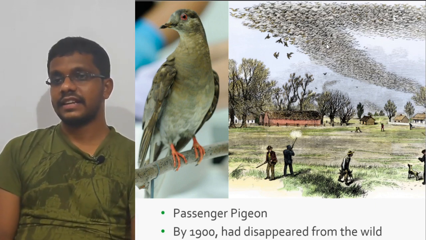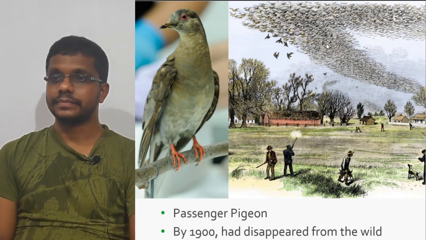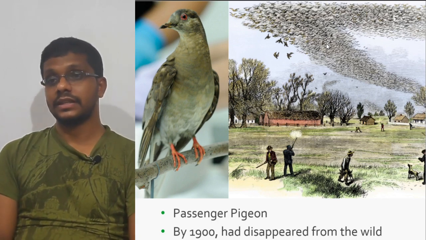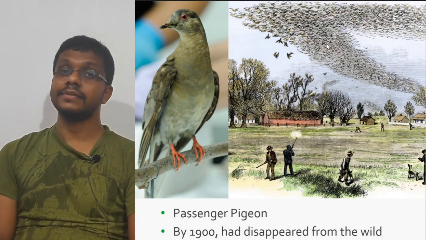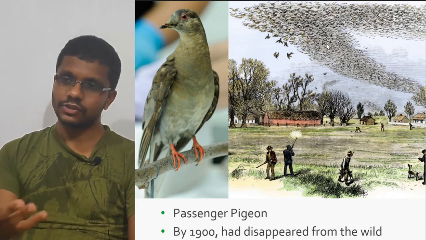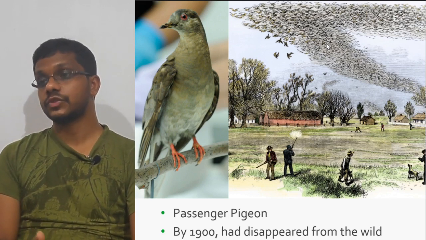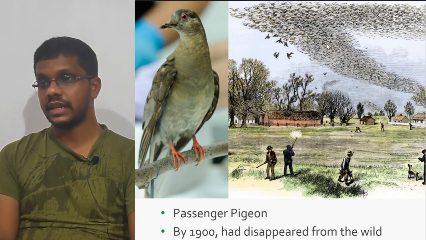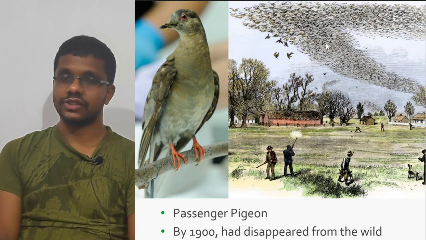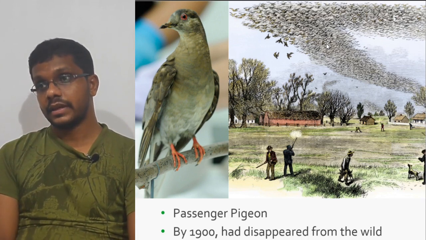But the thing is that these birds are edible, and their feathers were used to make pillows. Their bones were extensively used in those days for making fertilizers. So it's actually a commercially valuable bird, and people used to hunt it. Commercial hunting was there, along with huge deforestation due to the industrialization process, so it lost its habitat.